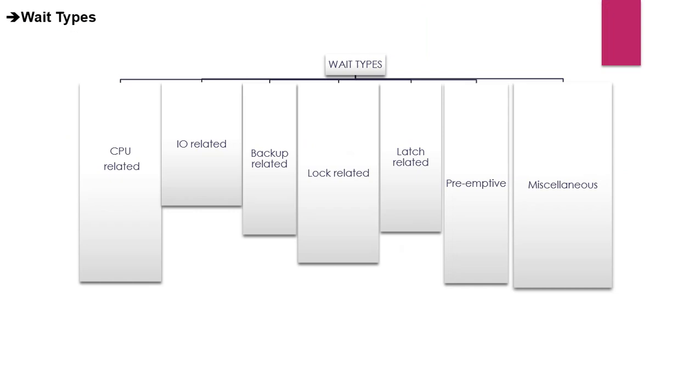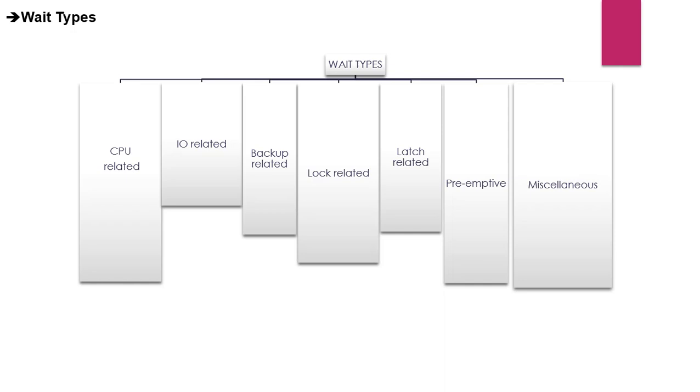We already discussed this topic in a previous video. We had classified wait types in the following categories: CPU related, IO related, backup related, lock related, latch related, preemptive related, and miscellaneous related wait types.